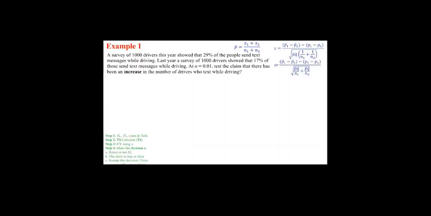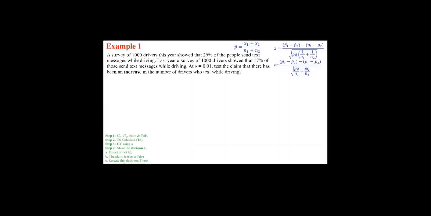In fact, the same as proportion. If you recall, in that case, E was Z alpha over 2 square root of P hat Q hat over N. All right.